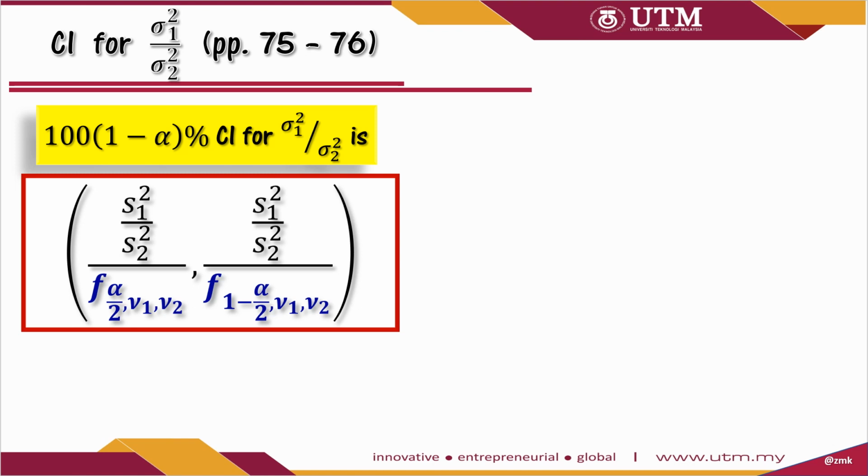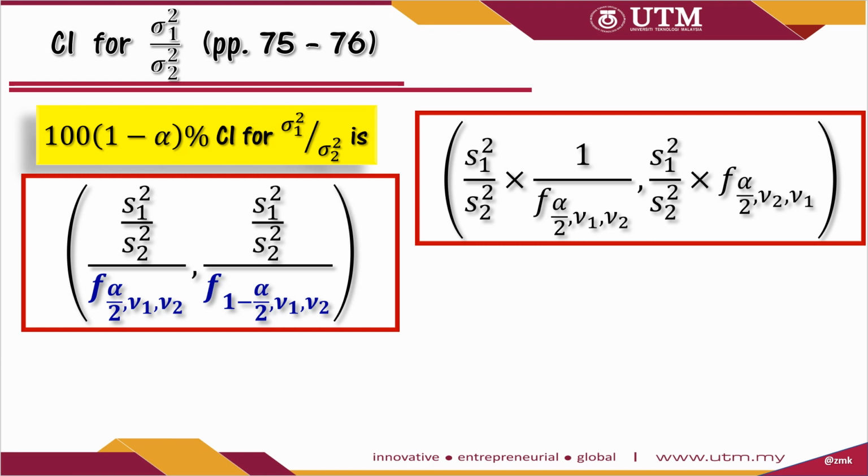As we know from the previous slide, not all f-scores are available in the stat table. Therefore, an alternative expression for the confidence interval that we can use is as follows. Notice that the lower limit, previously written as s1 squared over s2 squared divided by f alpha over 2 nu1 nu2, is now s1 squared over s2 squared times 1 over f alpha over 2 nu1 nu2.